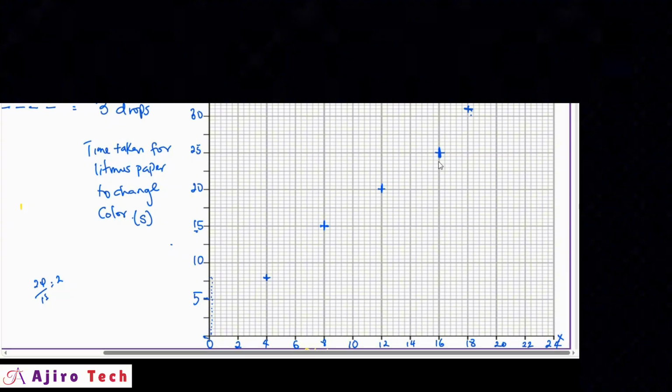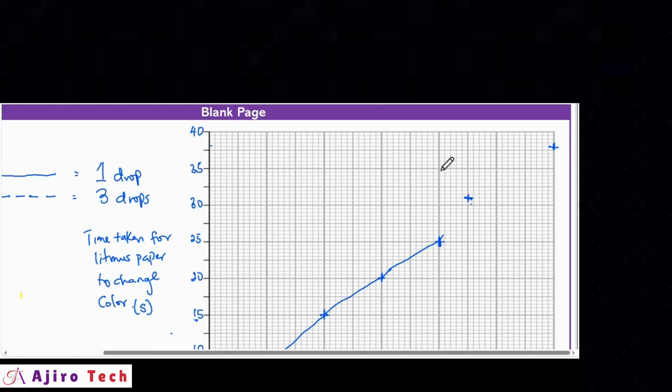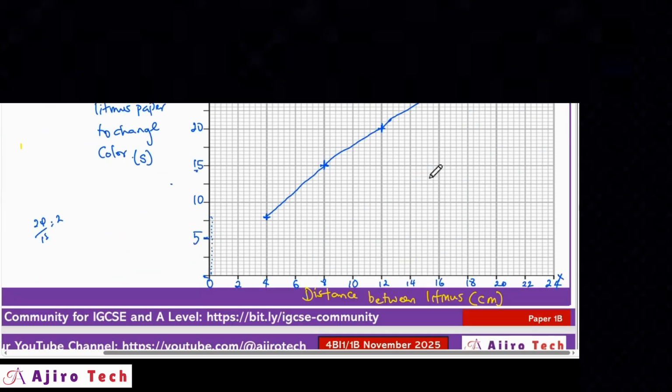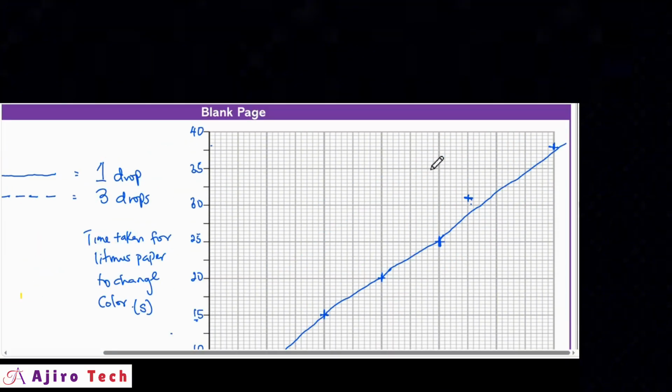I'll be as careful as possible. It's not passing through, I mean, my hand is not straight enough. Okay. Yeah, so that is for one drop.